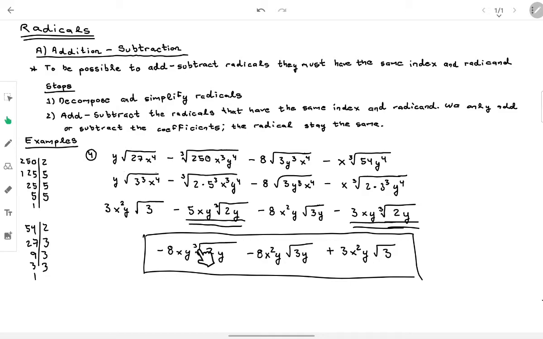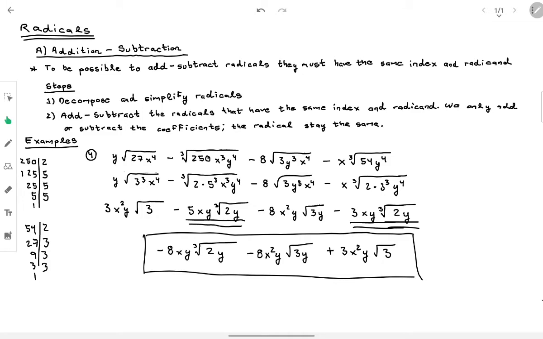First, I put the one that is bigger, the cubic root, it's bigger, so that's why I put it first. Between this one and this one, both of them are the cubic root, but this one is a cubic root of a number and a letter, and this one is a square root of a number and a letter, and this one is a square root of only a number. That's why this one comes first and this one goes last. And this one is going to be my final answer.